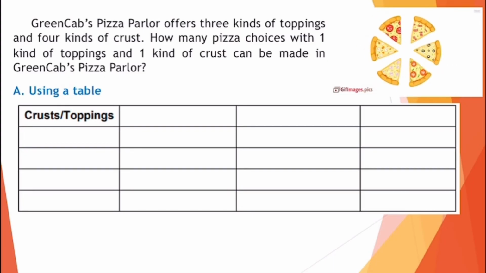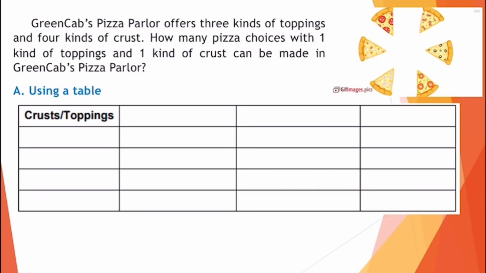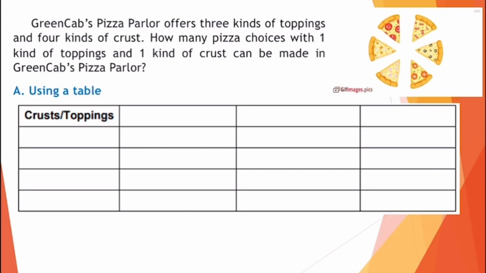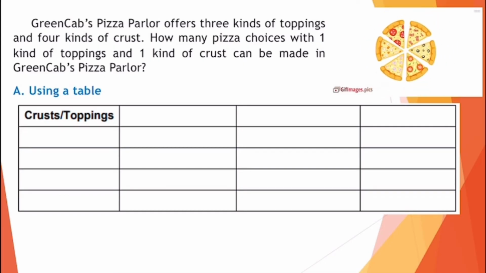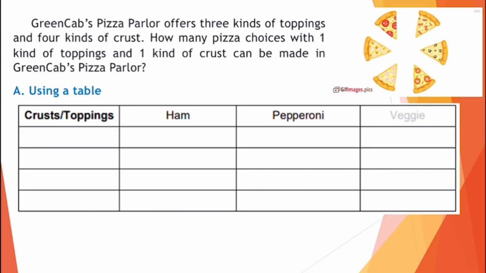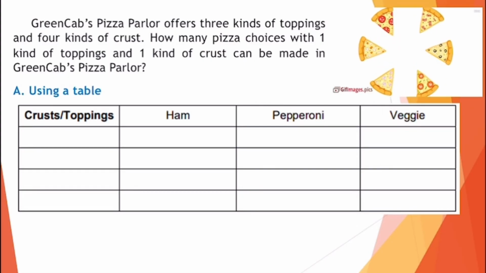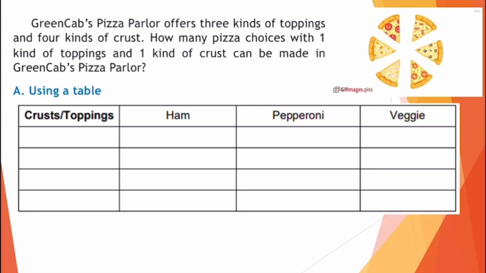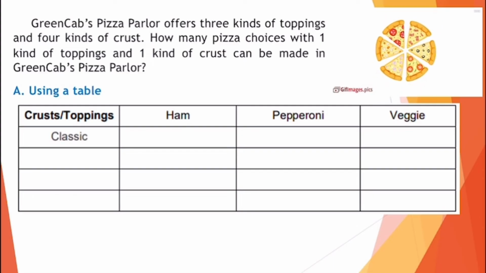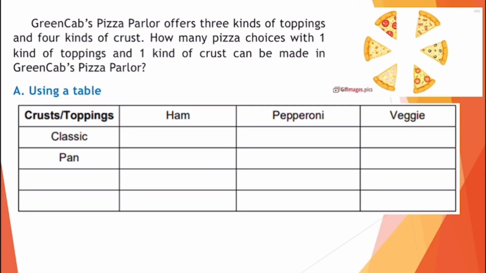So again, to easily understand the use of the table, the 3 columns represent the 3 kinds of toppings, which are ham, pepperoni, and veggie. And for the crust, we have 4 kinds, which are classic, pan, thin, and stuffed.